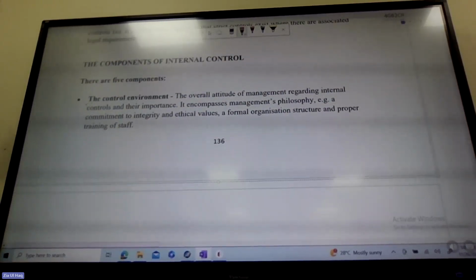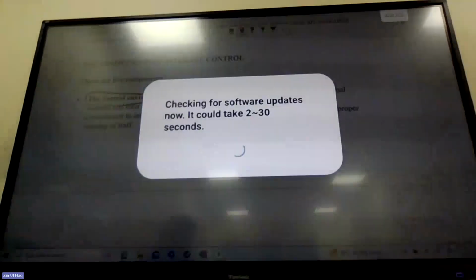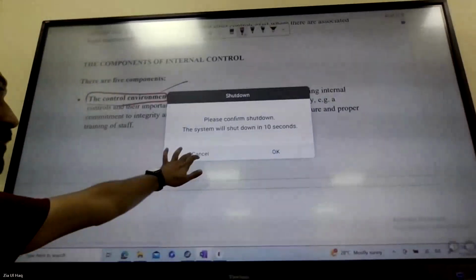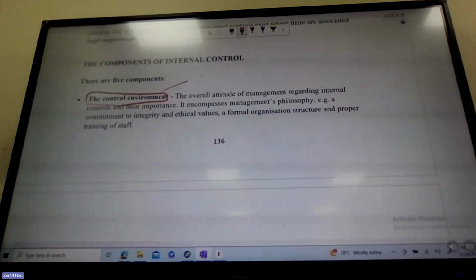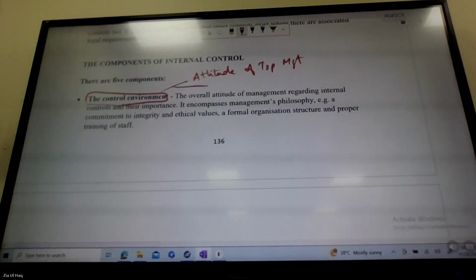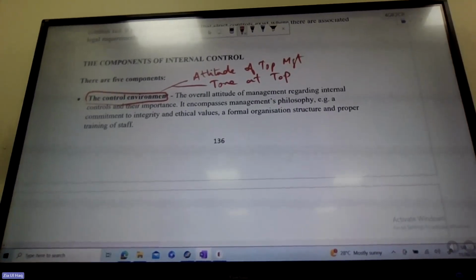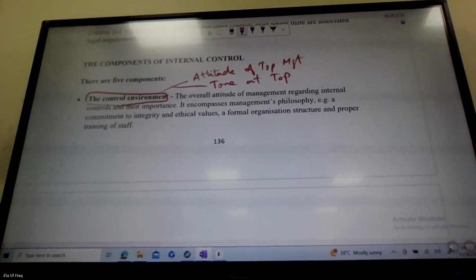Control environment. What is control environment? Attitude of top management. Tone at top. The internal control system of the organization depends upon the attitude of top management.